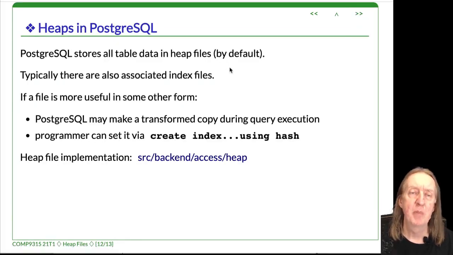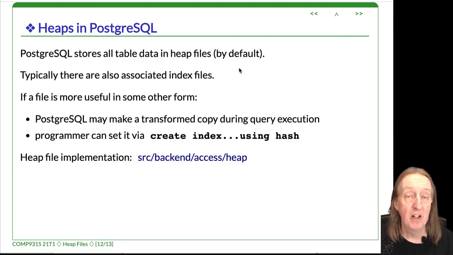Alright, well, in Postgres, heap files are basically the standard. The tuples in Postgres are called heap tuples. There's a reason for that: all tuples are stored in heap files. There are other kinds of files like index files as well.